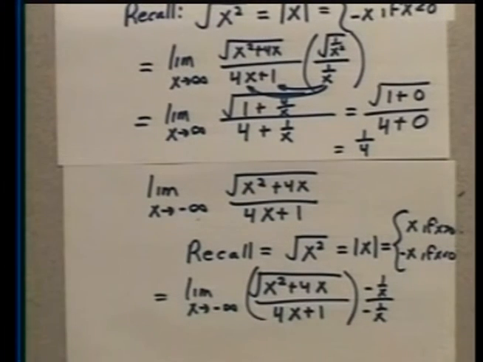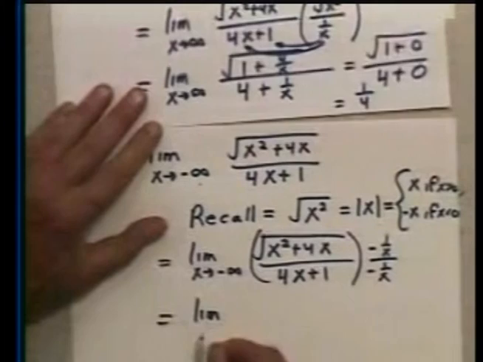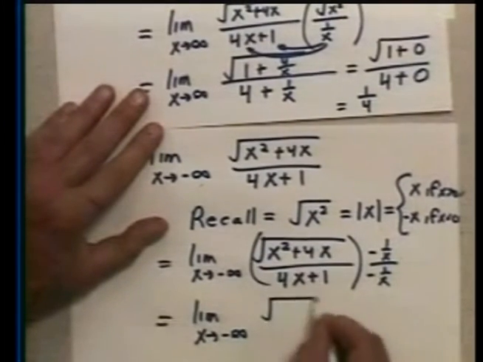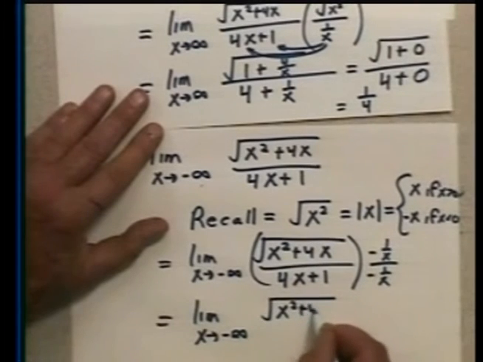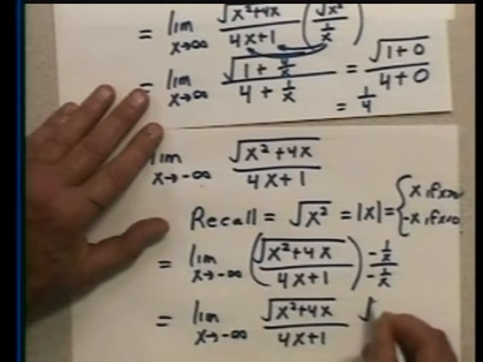Excuse me. You see why I chose that? And I chose it for this reason. I need to change the numerator, just like last time, into the square root of 1 over x squared.